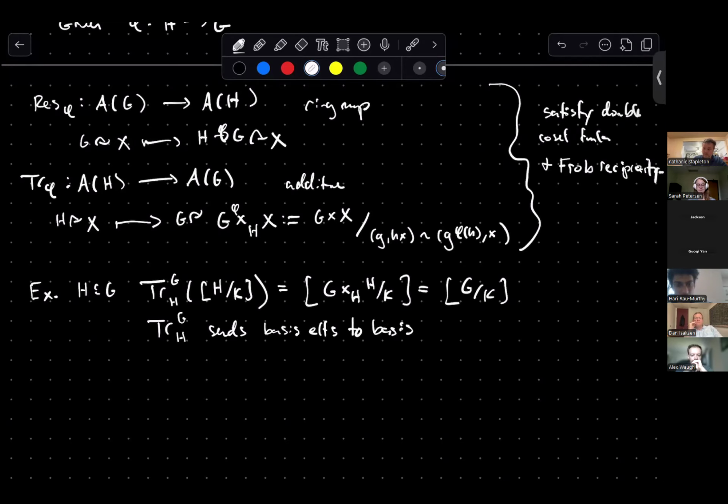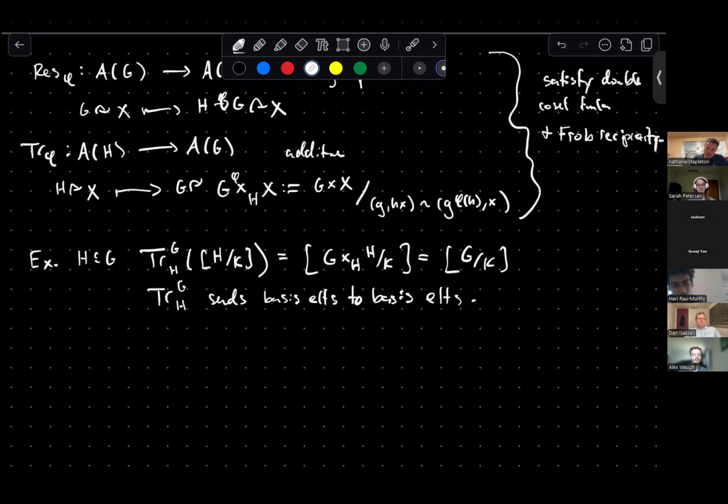This is a big difference between the Burnside ring and the representation ring. And this is really helpful in trying to prove that the Burnside ring is the initial global Green functor. This is the thing that allows you to do an inductive proof of this. So I'm going to leave it at that.